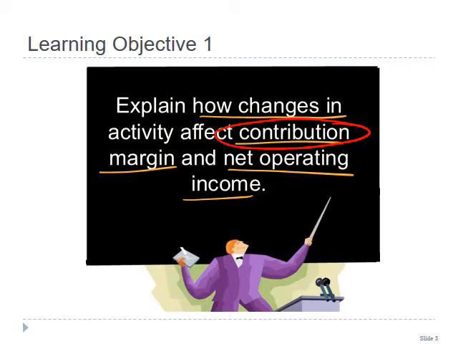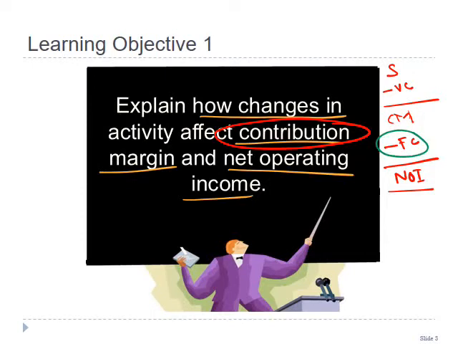In our contribution margin income statement format, we have sales less variable cost, we get contribution margin, and if we subtract fixed cost from the contribution margin, then we get net operating income. We can also derive our definition of contribution margin, that is, after covering fixed cost, sales minus variable cost, that contribution margin directly goes to net operating income.